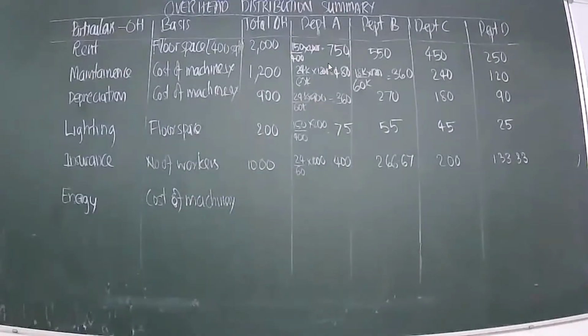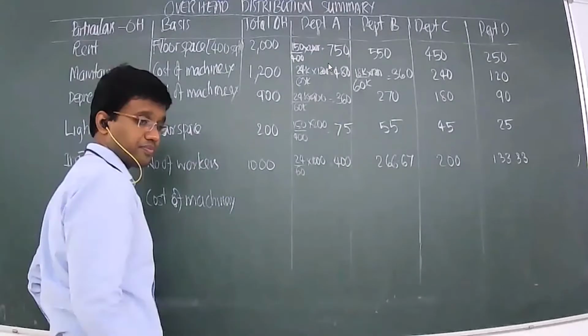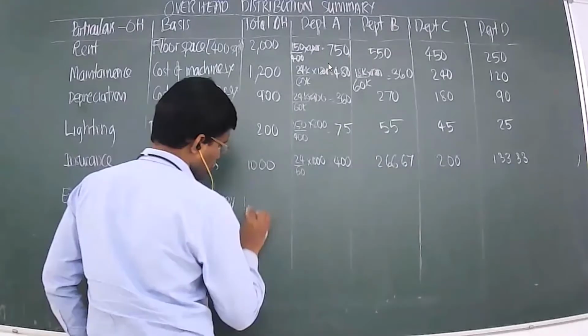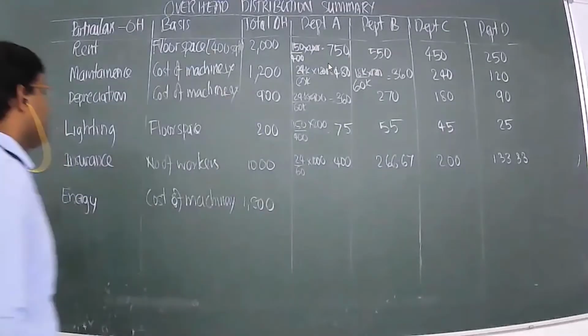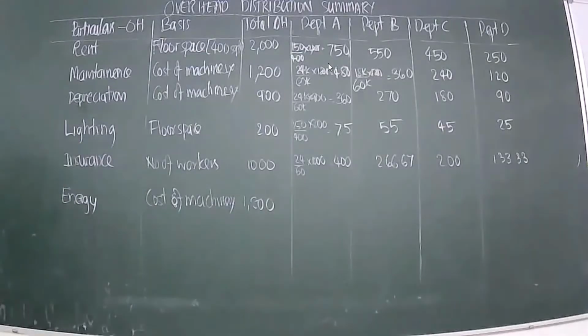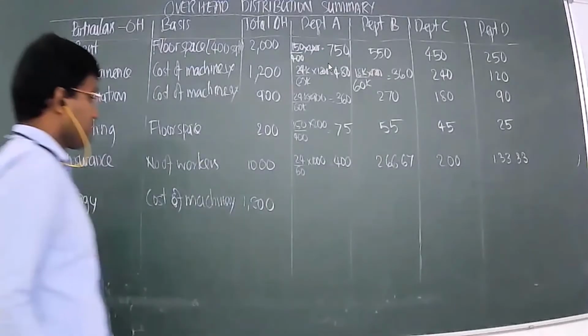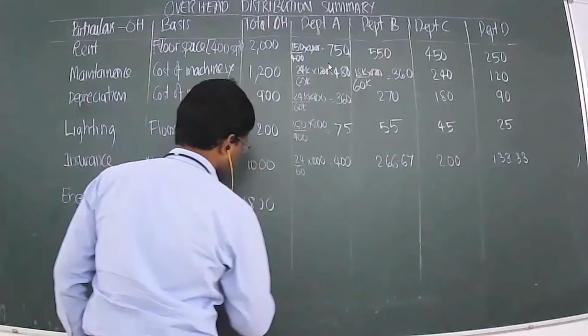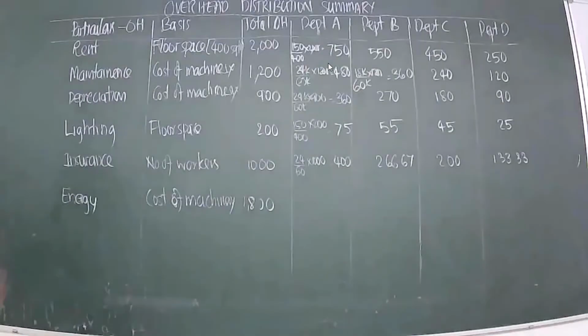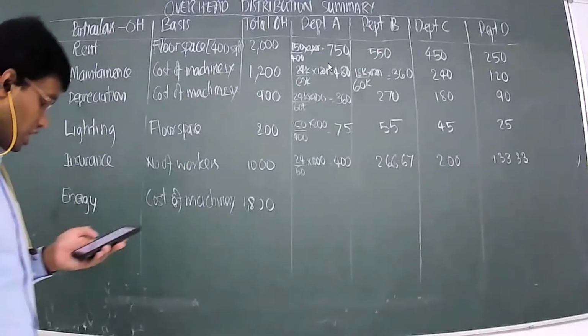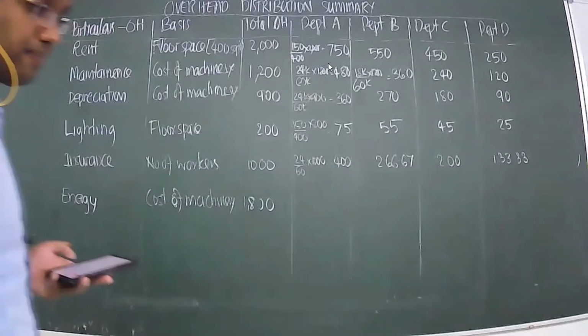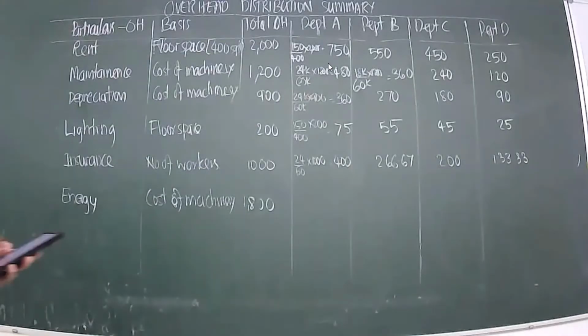So the basis should be the cost of machinery itself. This is what is meant by energy cost.